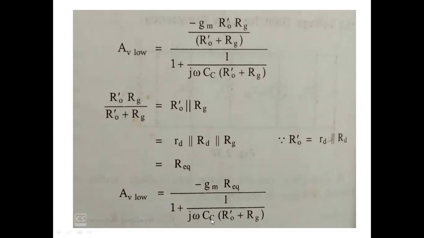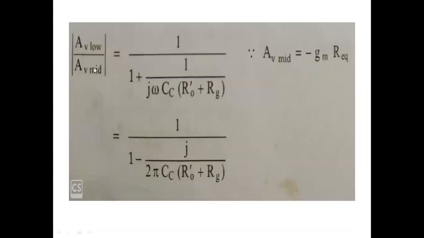That is 1 plus 1 by j omega Cc into R naught dash plus RG. Then A_V low by A_V mid becomes 1 by 1 plus 1 by j omega Cc R naught dash plus RG, where A_V mid is minus Gm R equivalent. So 1 by j becomes minus j.